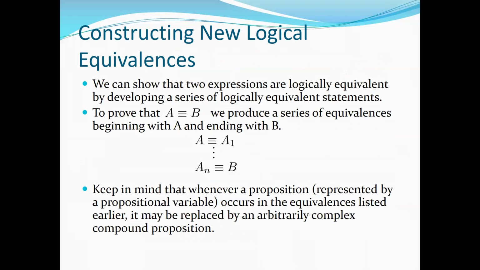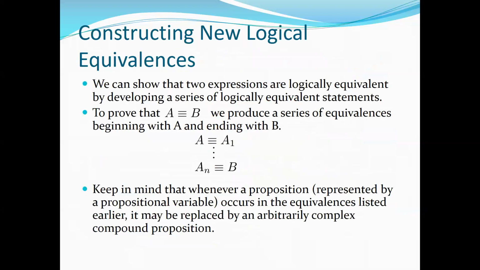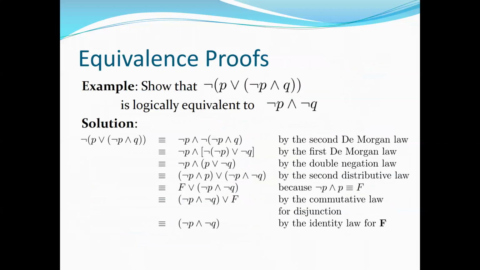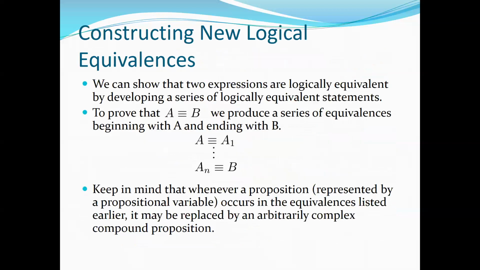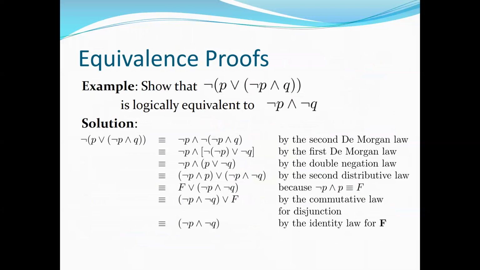Okay, so we can construct new logical equivalences as well. We can show that two expressions are logically equivalent by developing a series of logical equivalence statements. If you remember all these equivalences, these laws, we can solve this very easily. Let's see this proposition as well. There are two ways to prove the equivalence.